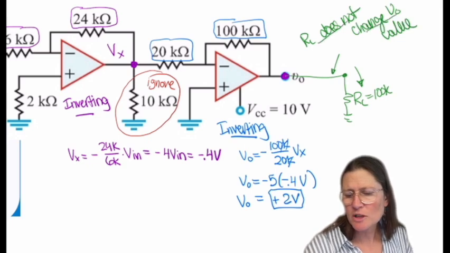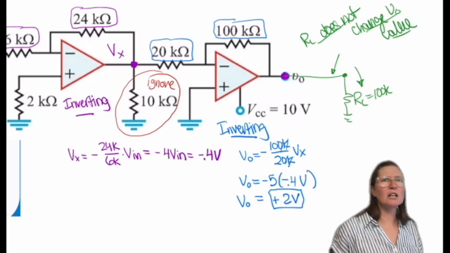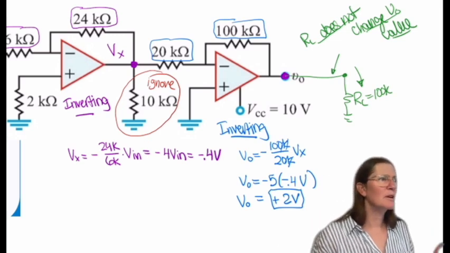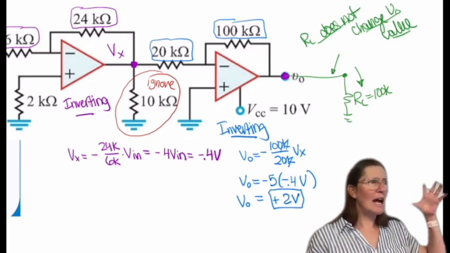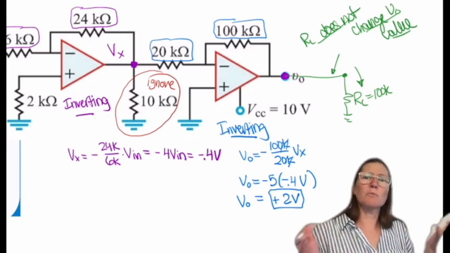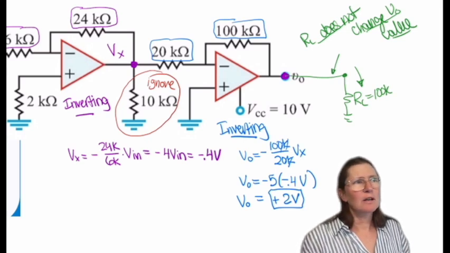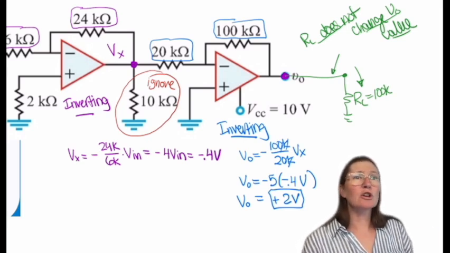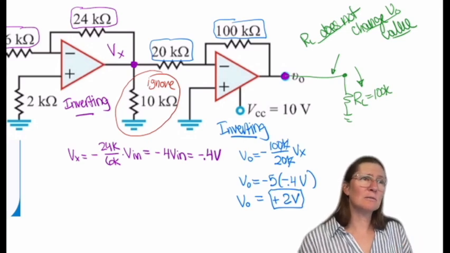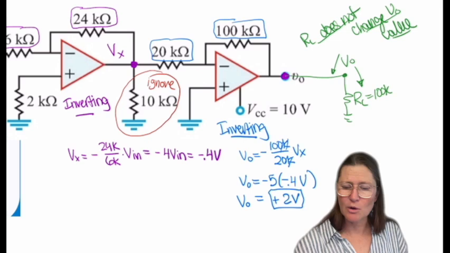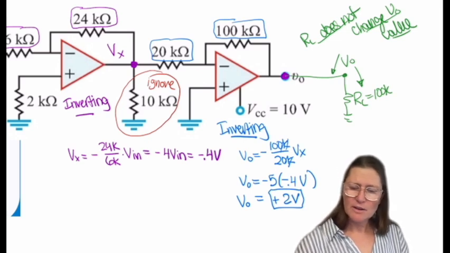So those are some key understandings of the characteristics of the op-amp, that it acts like a voltage source. So when I put a resistor on there, it doesn't do anything to the voltage. It will change the current going to it based on that output VO. If it's 100K, how much power is going here?